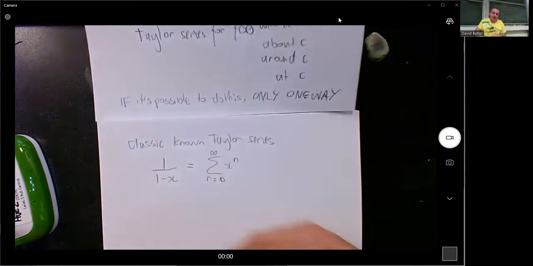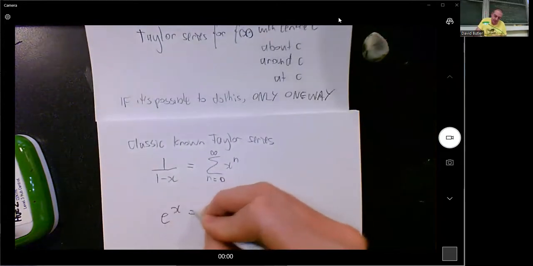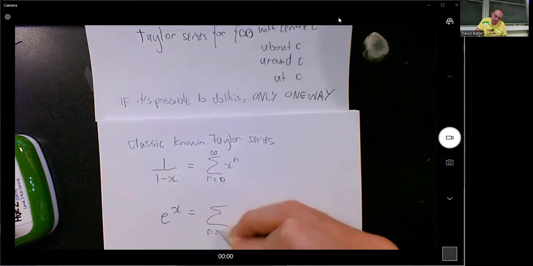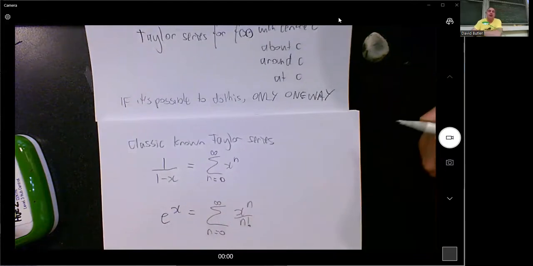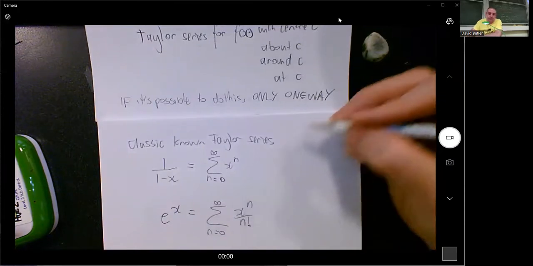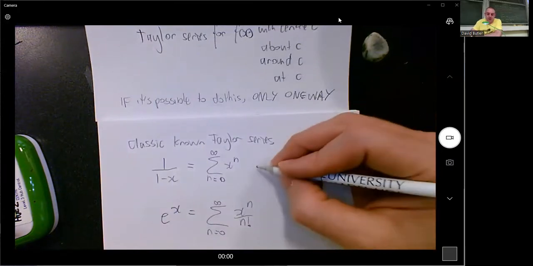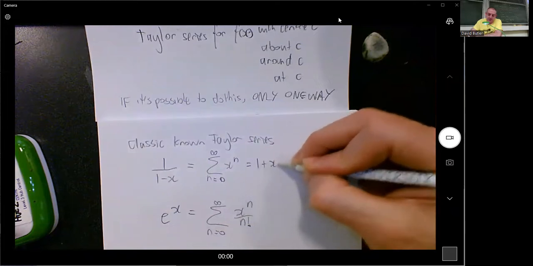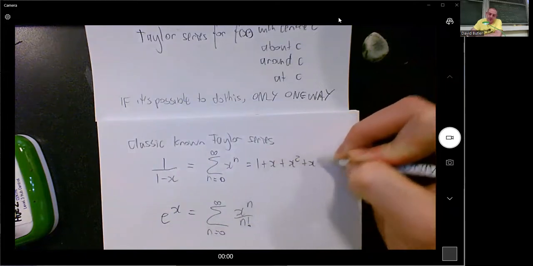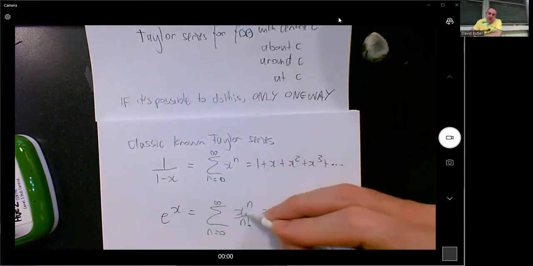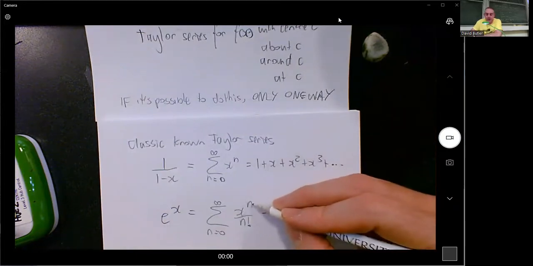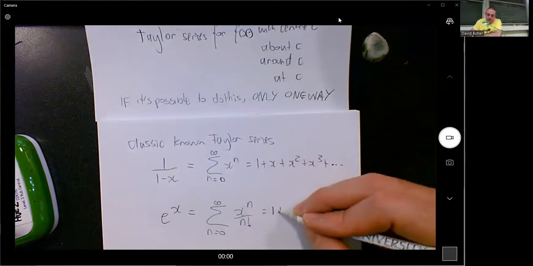And the other classic known Taylor series is e to the x. So the long version of this is 1 plus x plus x squared over 2 plus x cubed over 6 plus forever. X to the 0 is 1, 0 factorial is 1.